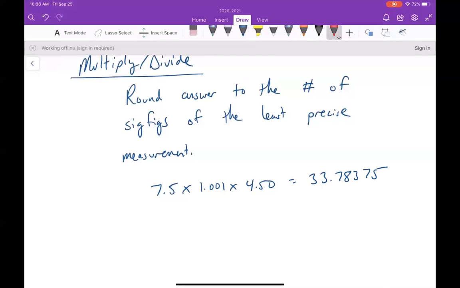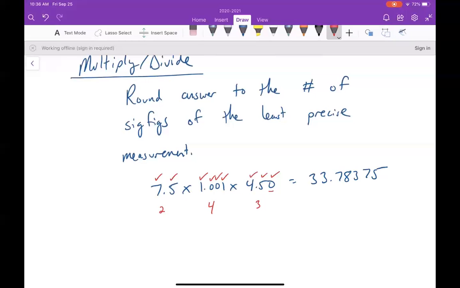So I'm going to count significant figures in each of the numbers I have here. Okay. So 7.5, I have 1, 2. So that has 2. 1.001, these count, and then these zeros count because they're in the middle. So that actually has 4. And then this one has 3. This 0 counts because it's after a significant digit, after the decimal.